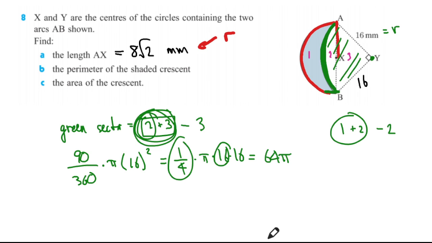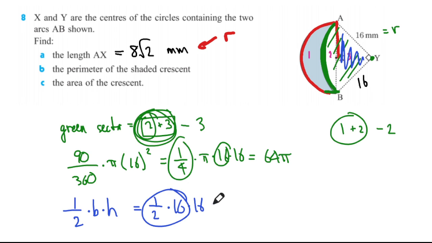So I'm going to do the triangle one in blue. Here's our triangle. Triangle area is 1/2 times base times height, and the base and height are both 16, so we have 1/2 times 16 times 16, so this is 8, and then 8 times 16 is 128.